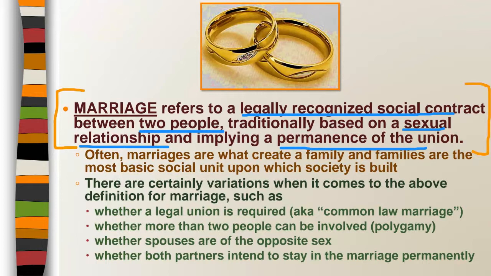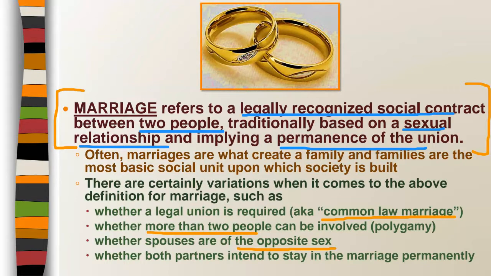Leaves out common law marriages, which don't necessarily require a contract. Leaves out polygamous marriages, which involve more than two people. Leaves out homosexual marriages, those between spouses of the same sex.